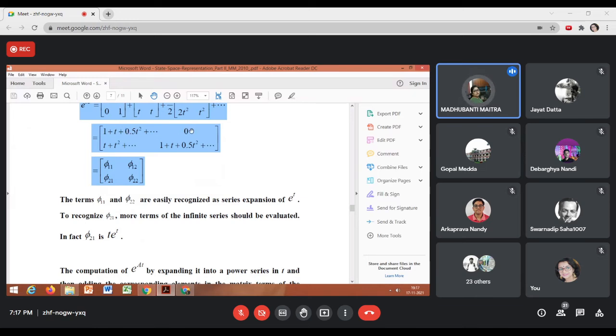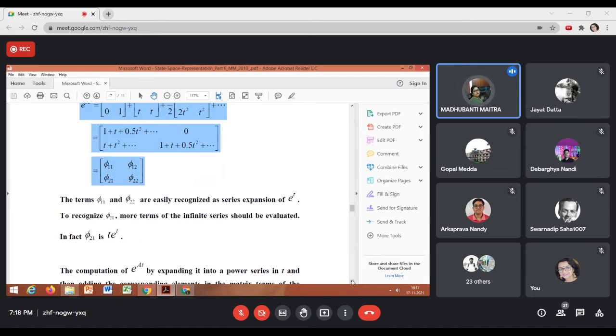This one is 0, and again this one will be e to the power t. And if you compute A cube and A to the power 4, then this term will be clear. If you take t common, this one will be 1 plus t plus 0.5 t square. So this term phi 21 will be t into e to the power t.